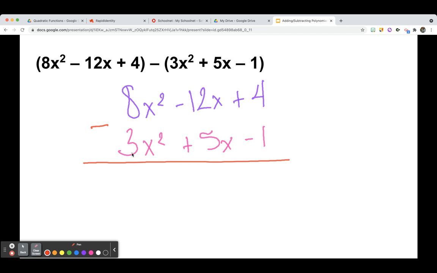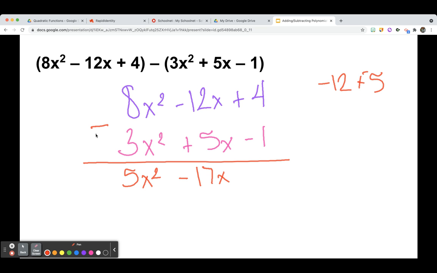8 minus 3 is 5x squared. Negative 12 minus 5, I can think of as plus a negative, so it'll give me negative 17x.